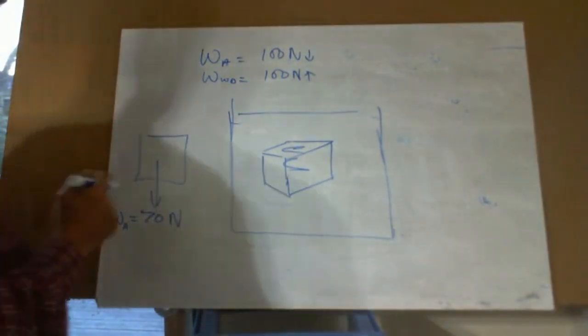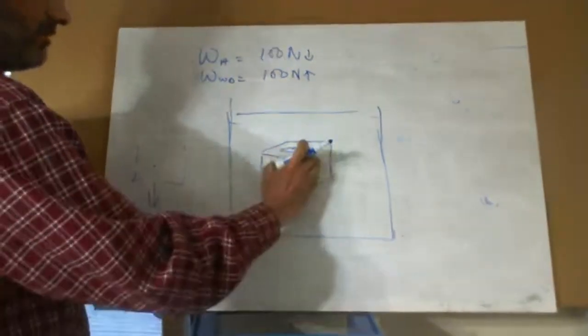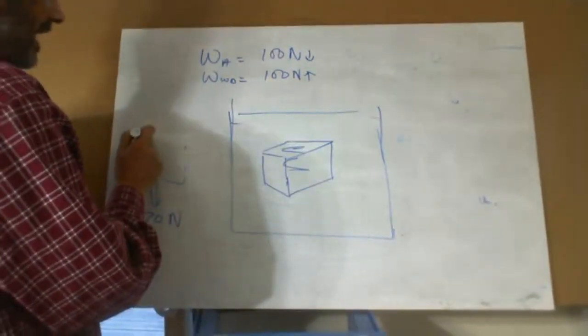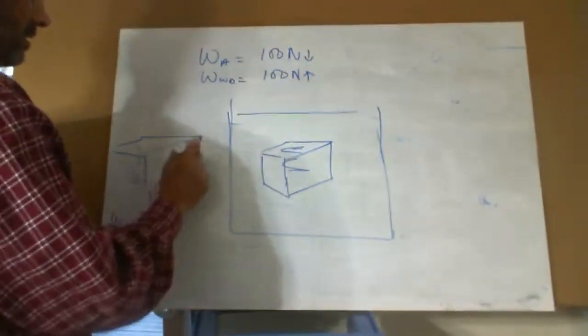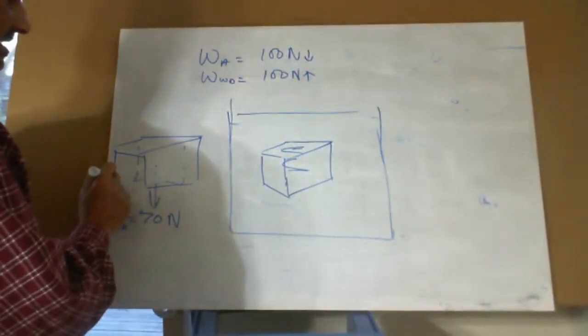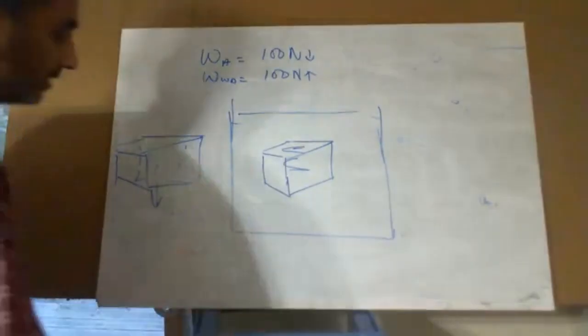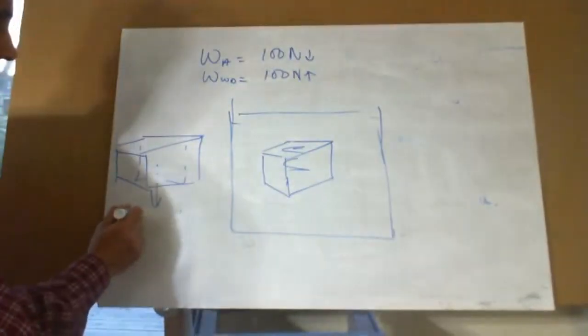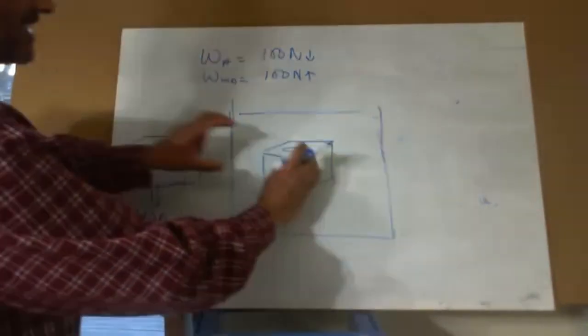Now what happens if I take that water and replace it with an object, let's say made out of metal, and it weighs 180 newtons. So it has the exact shape.